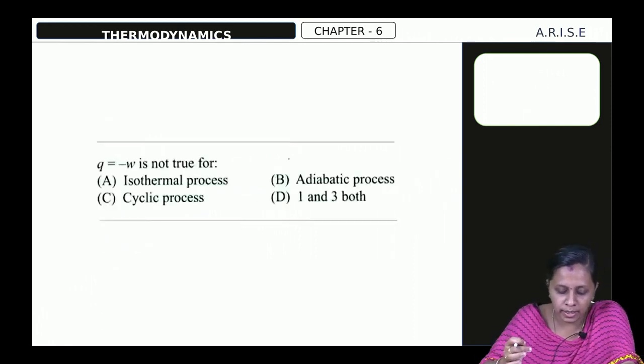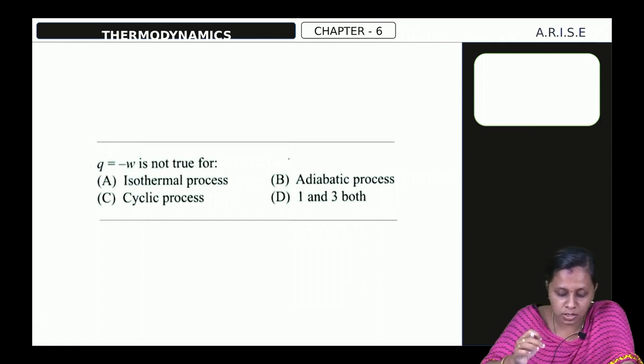Q is equal to minus W is not true for which process? So let us consider the options: isothermal process, adiabatic process, cyclic process, and option D, 1 and 3 both. So it is not true for A and C. For an isothermal process, Q is not equal to minus W. For an adiabatic process, Q is equal to 0.